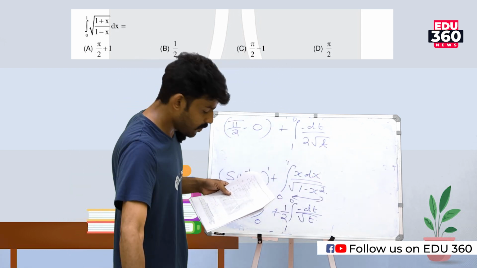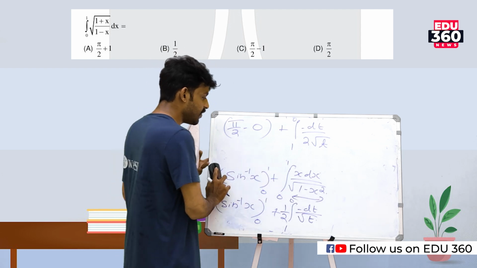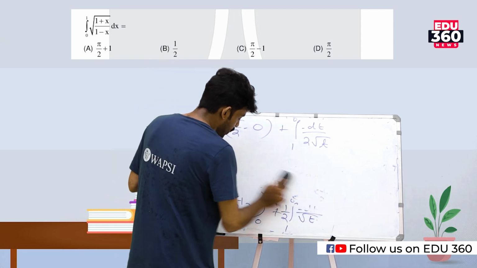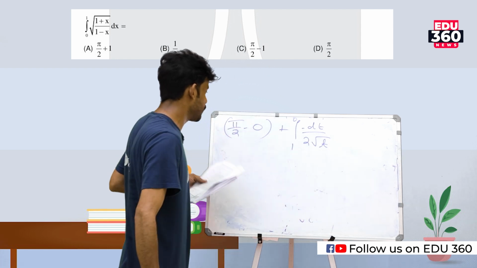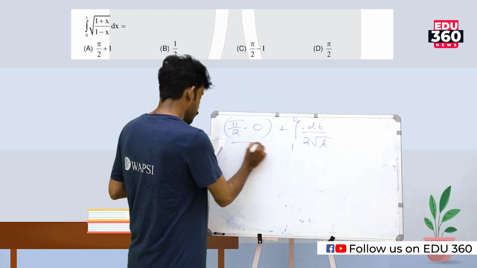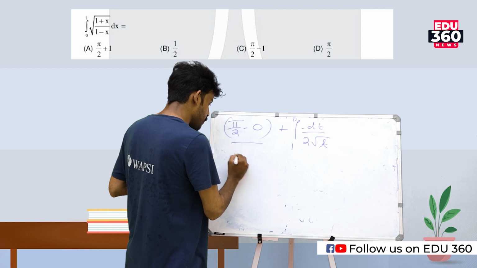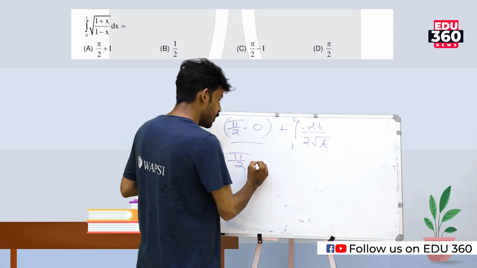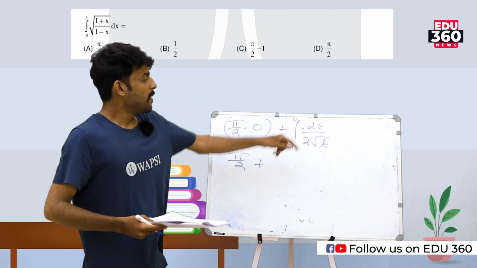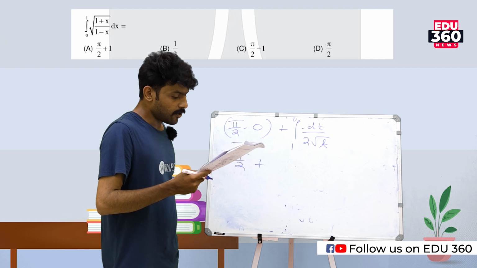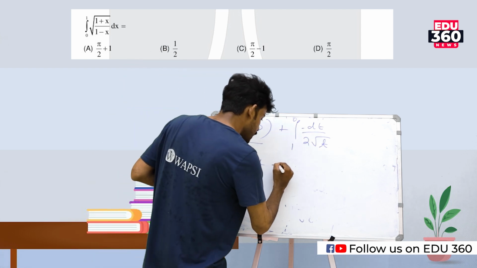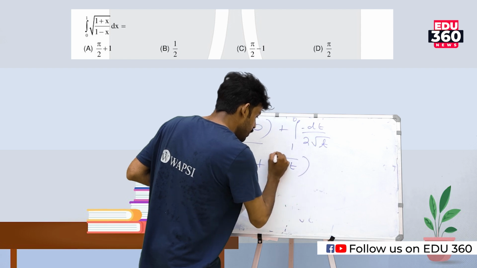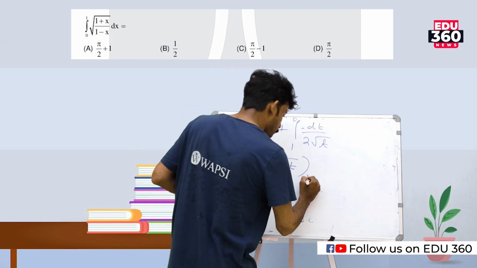In the next step it's easy, just apply the limits. So for this one we can write it as pi by 2 plus integral of minus dt divided by root t, which is minus root t for the limit 1 to 0.